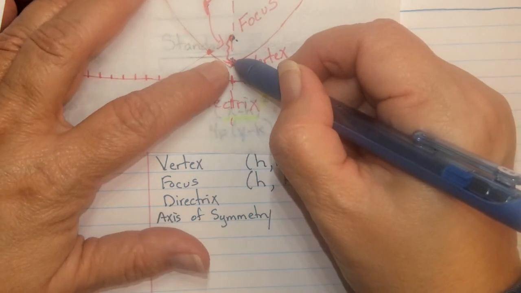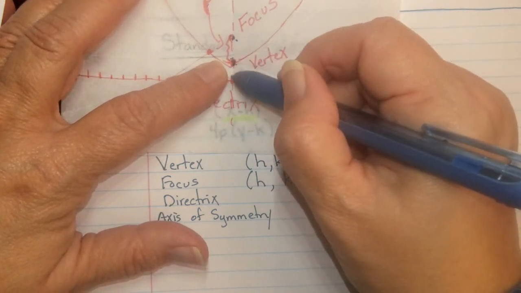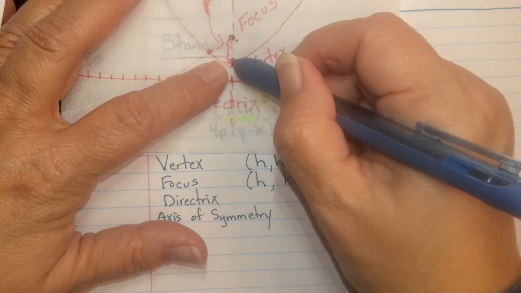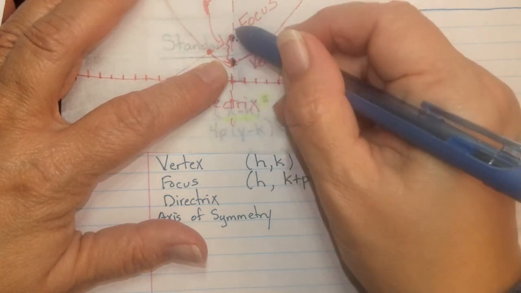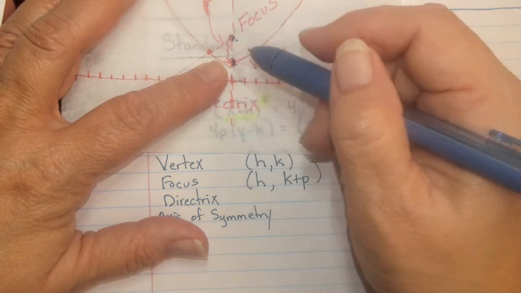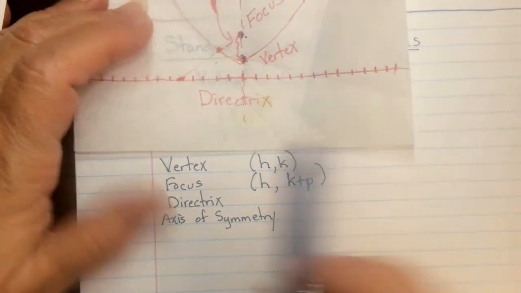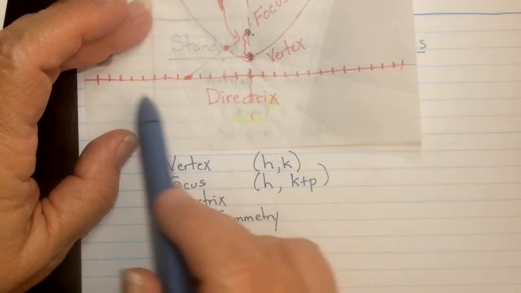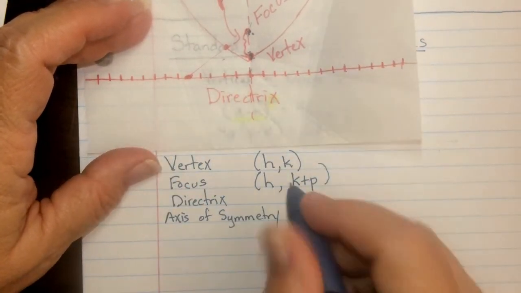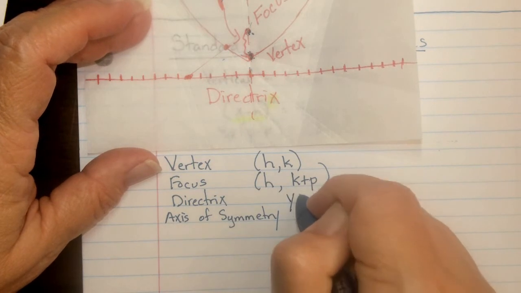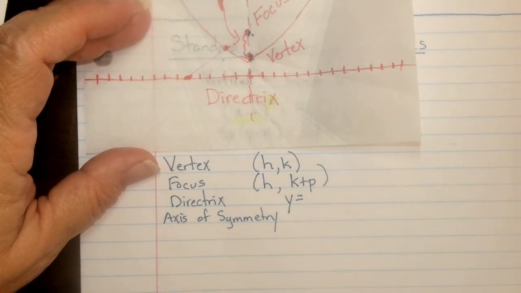The vertical measurement of the vertex is k units. The focus is k plus p. The focus is higher than the vertex. Our directrix is a horizontal line, so it's going to be a line in the form of y equals something.